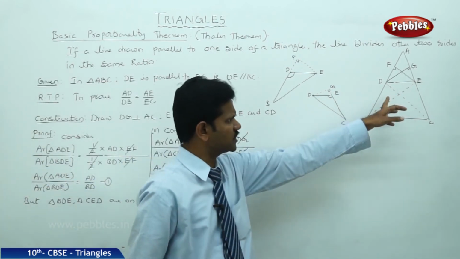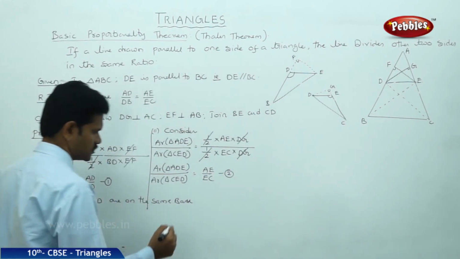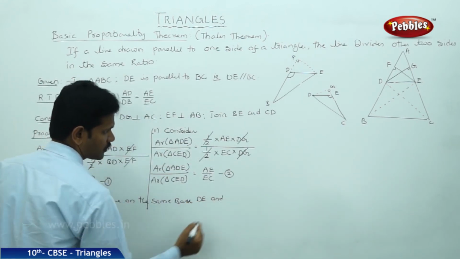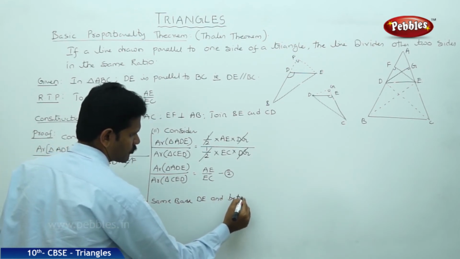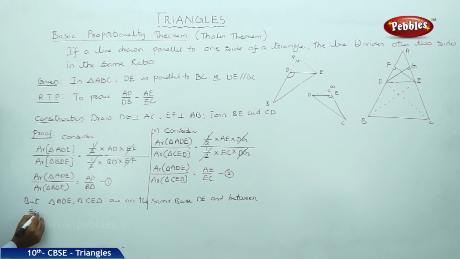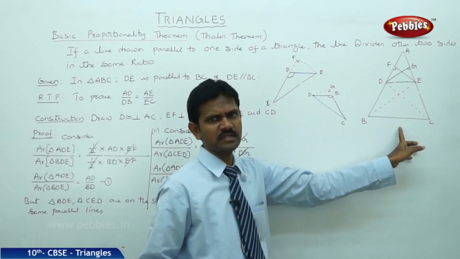Now see, these two triangles stand on the same base DE and between the same parallel lines DE and BC.